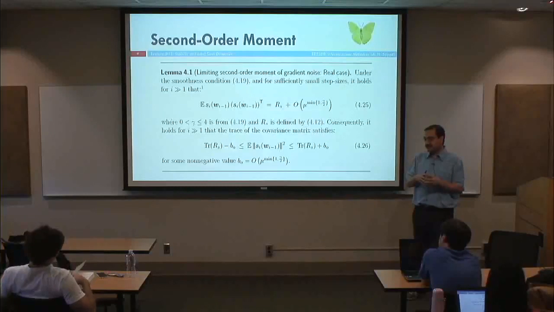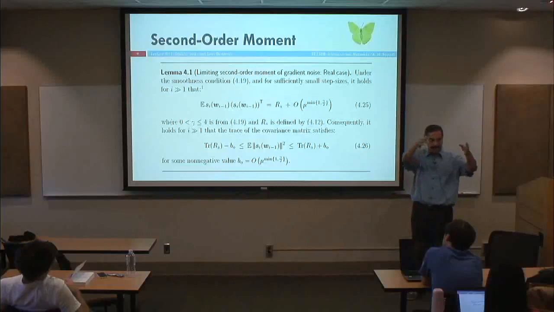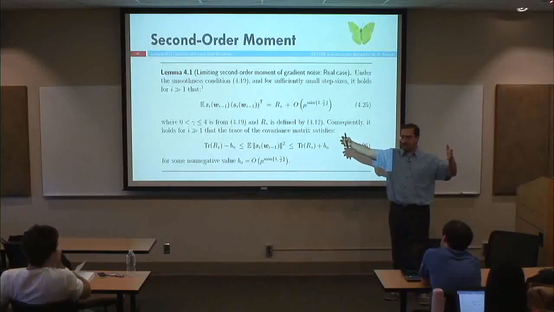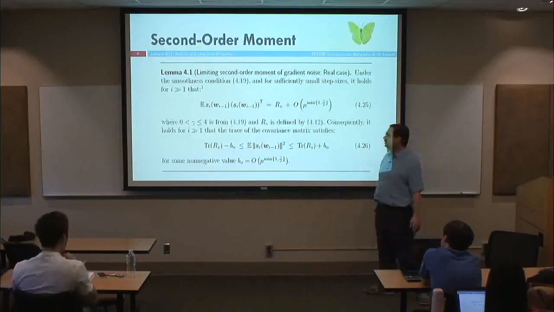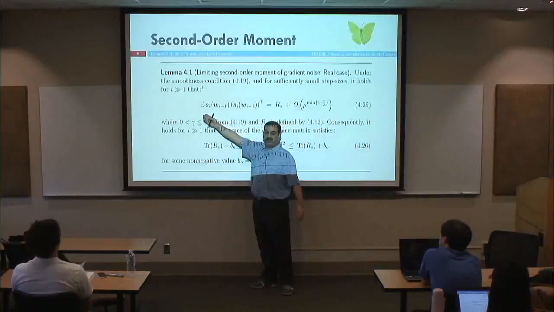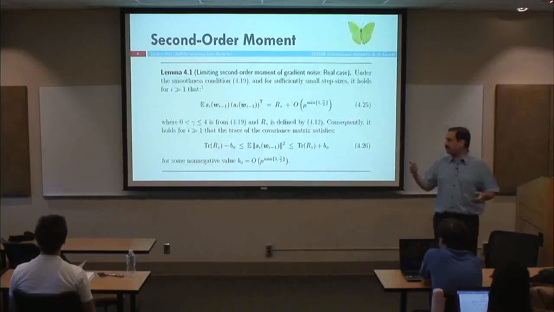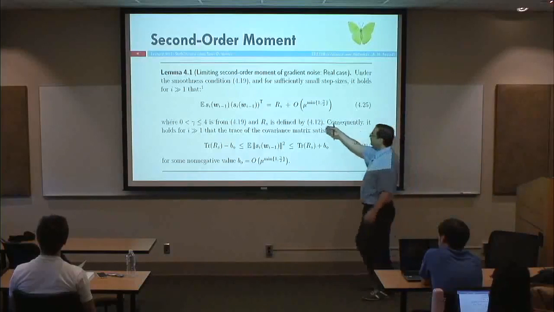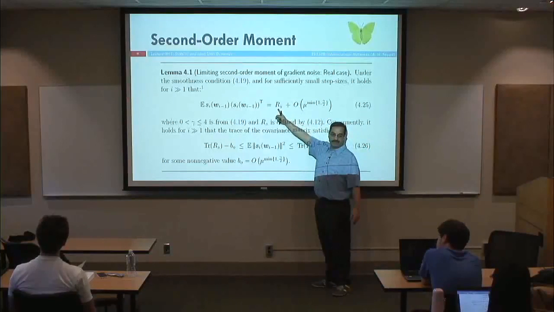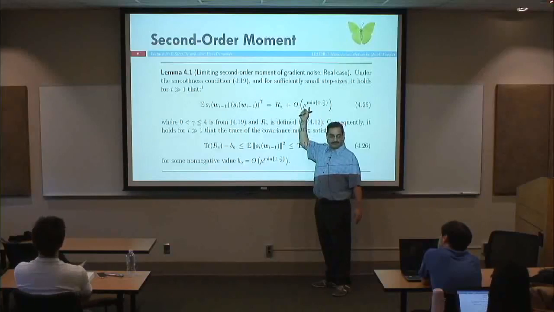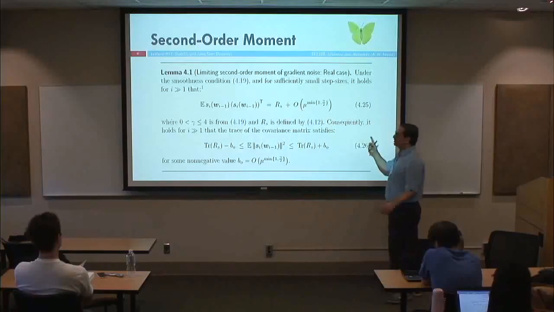And when you want to assess the mean-square performance, you square the error recursion, right? And take expectation. So very often you will get terms involving the covariance of the gradient noise. And this lemma is essentially giving you a good approximation for that covariance up to a correction term. Okay? Very good. So what's this result saying?